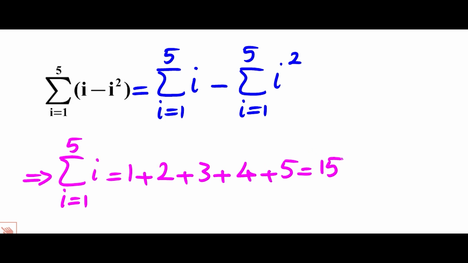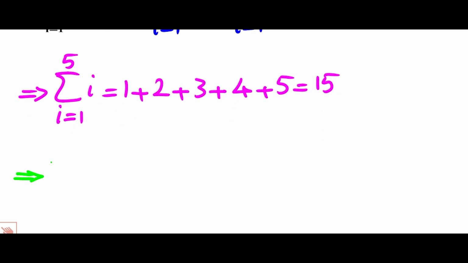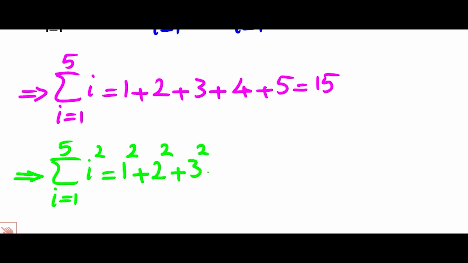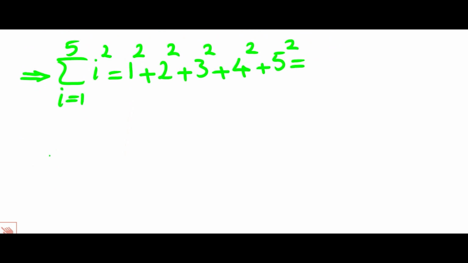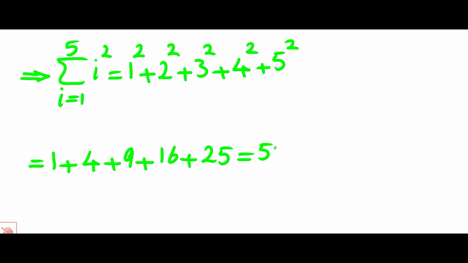We have 15. And the sum from i equals 1 to 5 of i squared equals 1 squared plus 2 squared plus 3 squared plus 4 squared plus 5 squared, which is 1 plus 4 plus 9 plus 16 plus 25 equals 55.